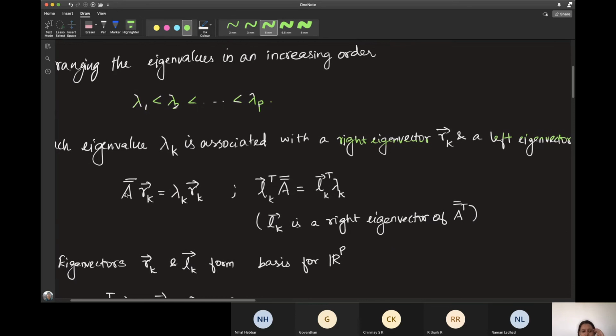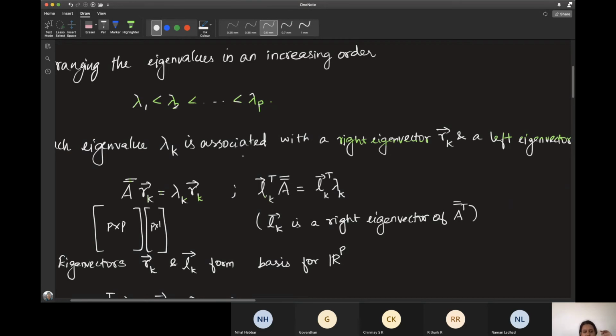The right eigenvector satisfies this equation: the matrix A multiplied by the right eigenvector Rk on the right side equals the eigenvalue times that eigenvector. For the left eigenvector, it gets multiplied to the left of the matrix, so we do Lk transpose times A. Here this is a p cross p matrix, and this is a p cross 1 vector.